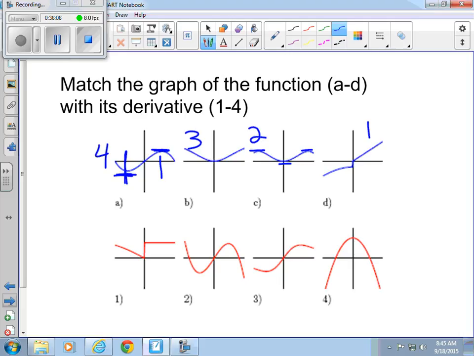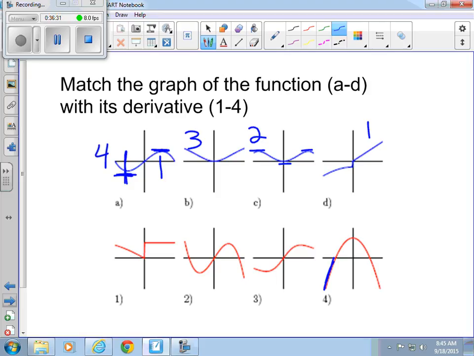Now, let me show you some other things we could have looked at that we didn't have to. Slope. Would you agree that slope of this is negative, then positive, then negative? This function is negative down here.